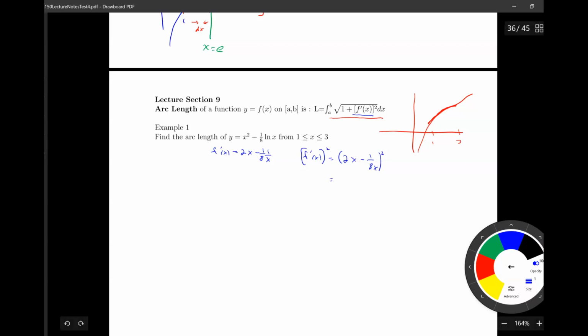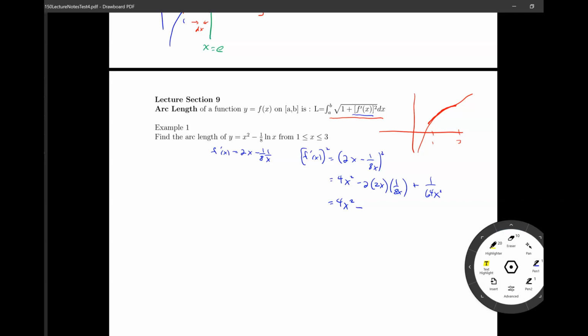So multiplying that out, I get 4x squared minus 2 times 2x times 1 over 8x, and then plus 1 over 64x squared. So 4x squared, minus, the x's will cancel, and I'll have a 4 and a 2, so I'll have a minus 1/2 left on that middle term, plus 1 over 64x squared.